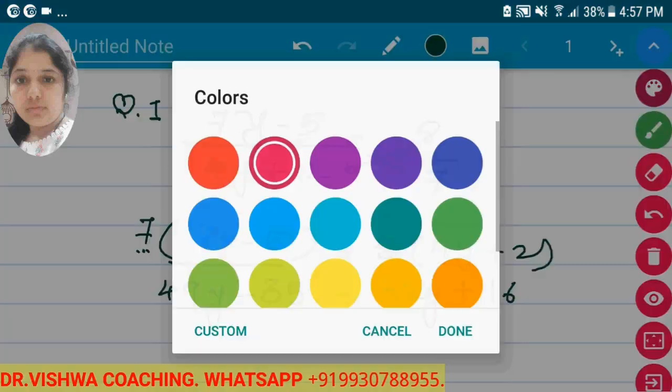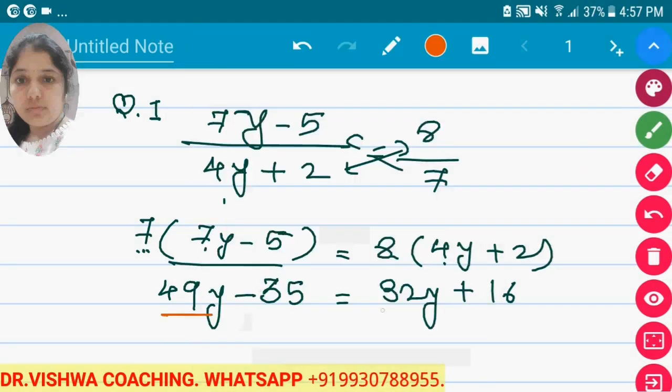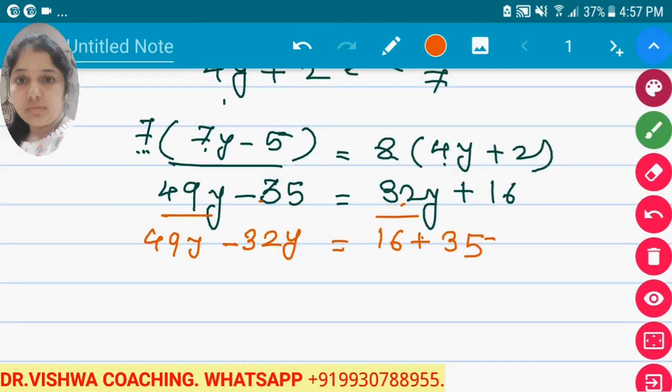Now bring the constant term to one side and variable to another side. So 49y, this 32 is positive here, when it comes to the left hand side it becomes negative, minus 32y, is equal to 16 plus 35, because here 35 is in subtraction, when it goes to that side it will be added, or simply here you have to add 35, so this 35 will get cancelled.